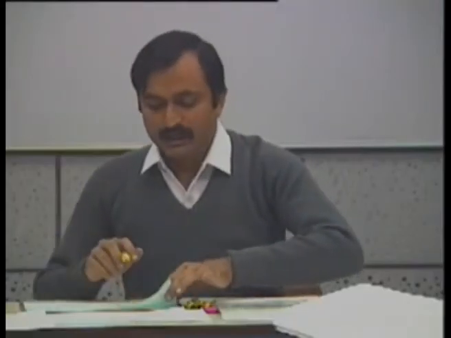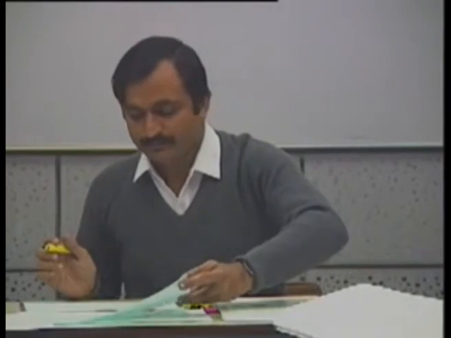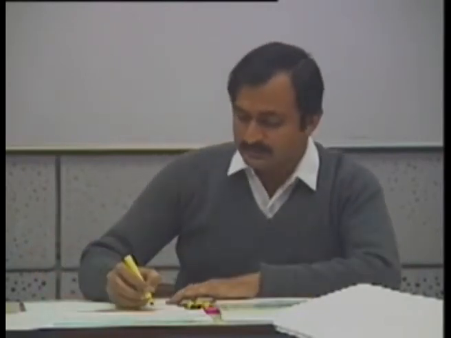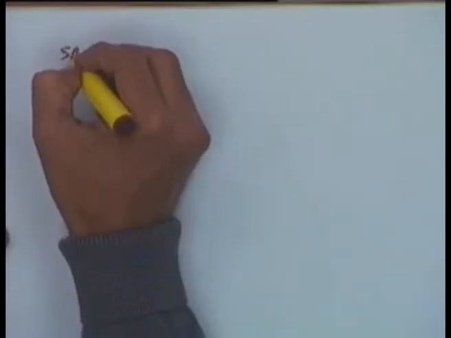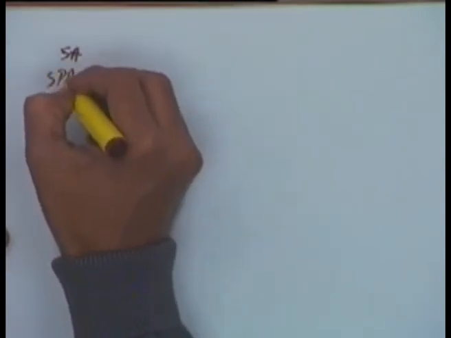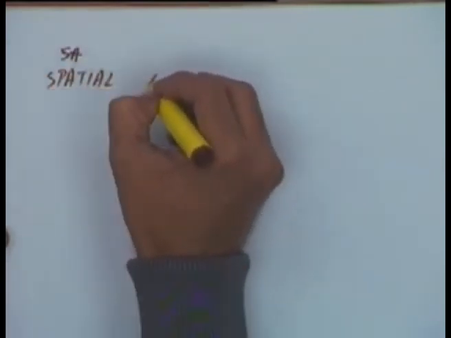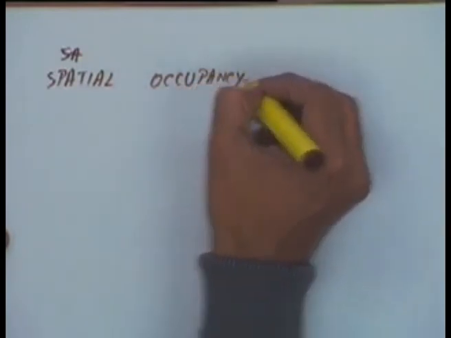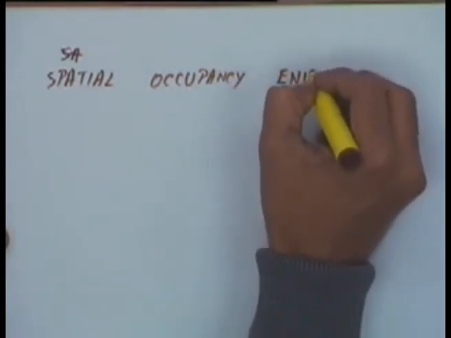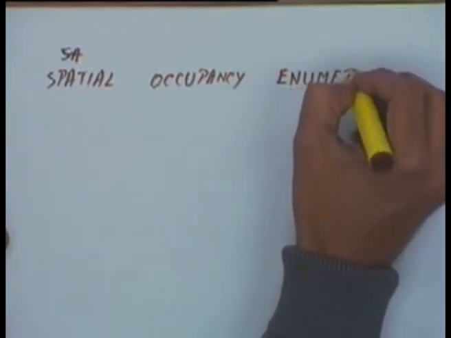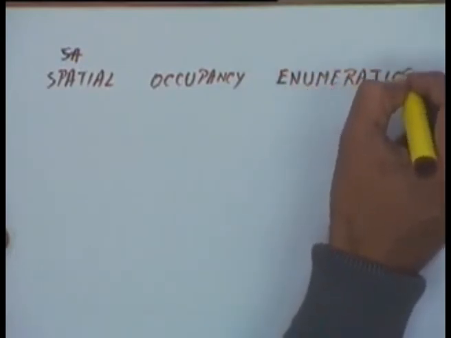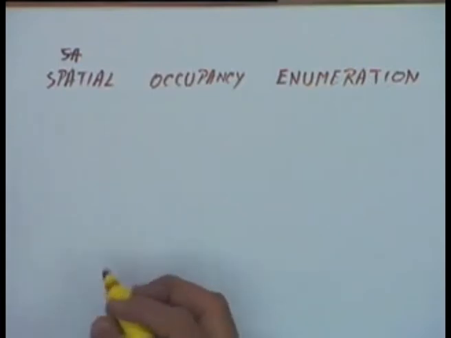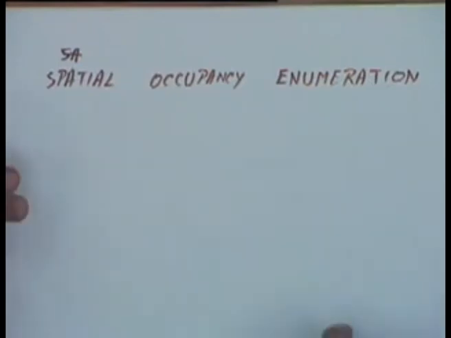Another type of cell decomposition method is what is referred to as spatial occupancy enumeration. We just consider a two-dimensional example to start with.